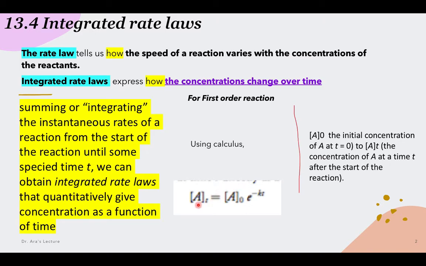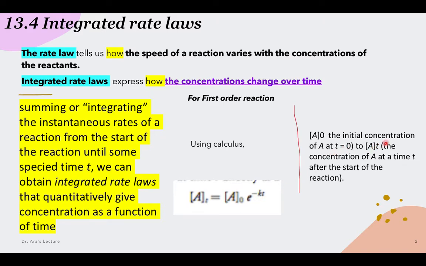If we look at the equation, we can see the concentration at any specified time compared to the beginning concentration: [A]t equals [A]0 e to the power minus kt.